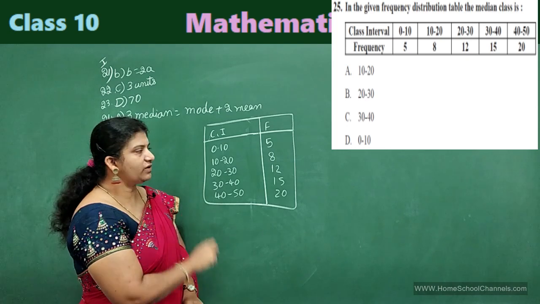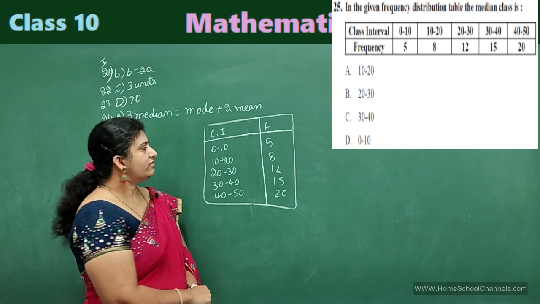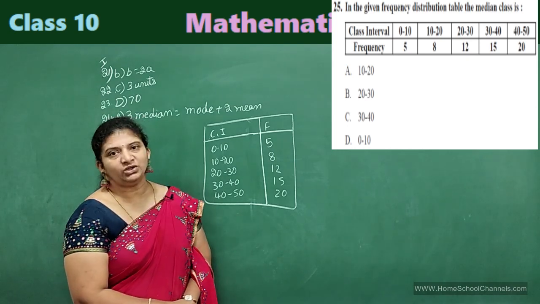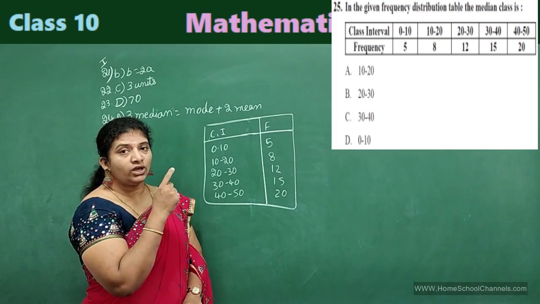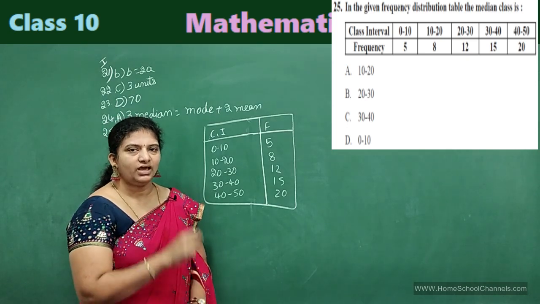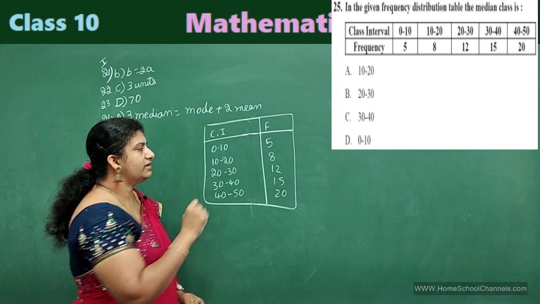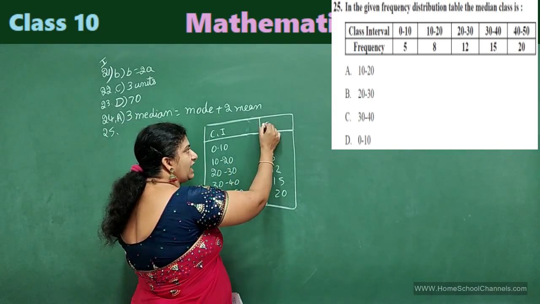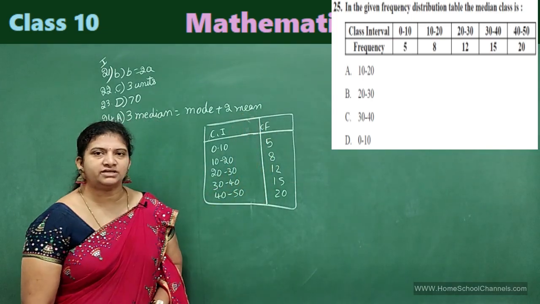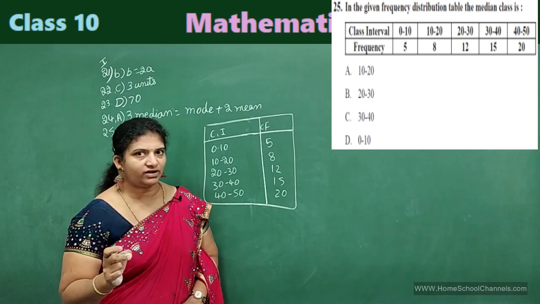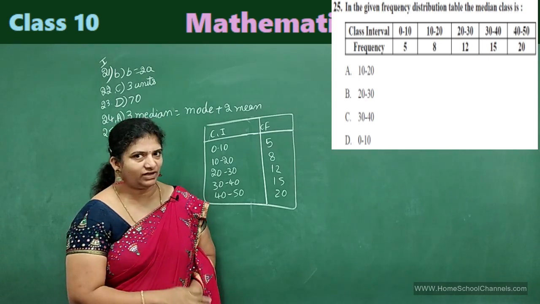But observe the frequency carefully: 5, 8, 12, 15, 20. It is going on increasing. That means this might be the cumulative frequency. Instead of giving cumulative frequency, they have given only frequency.